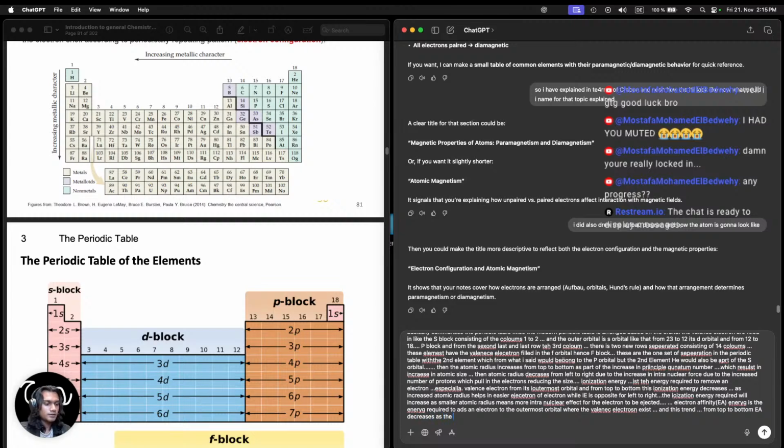EA, as the atomic radius increases, less nuclear attraction due to shielding effects.